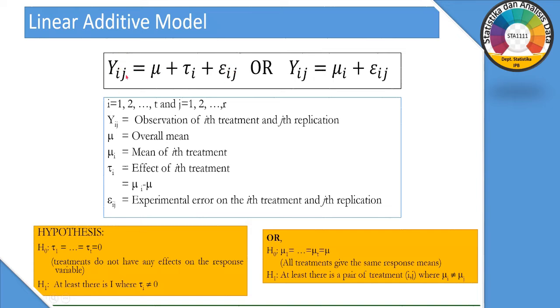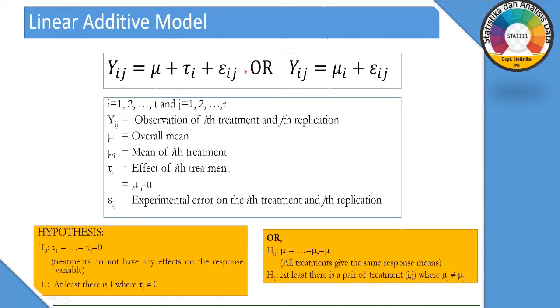So Yij is equal to overall mean plus the treatment effect of the ith treatment plus the error of the ith treatment and jth replication. Look at this, observation of ith treatment and jth replication, right?